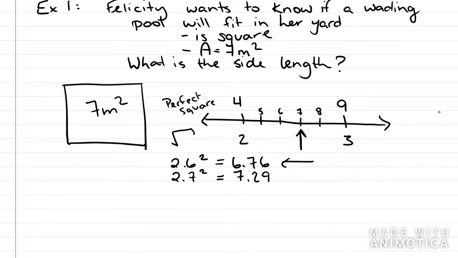So the square root of 7 is approximately, and that's why I use this wavy line, it's called a tilde, is approximately 2.6.